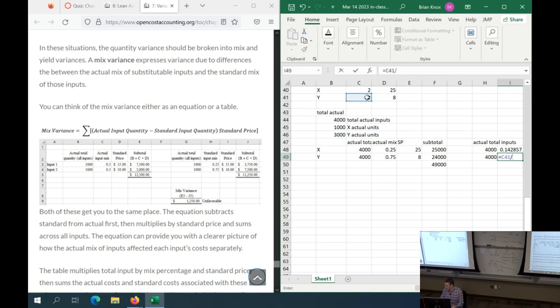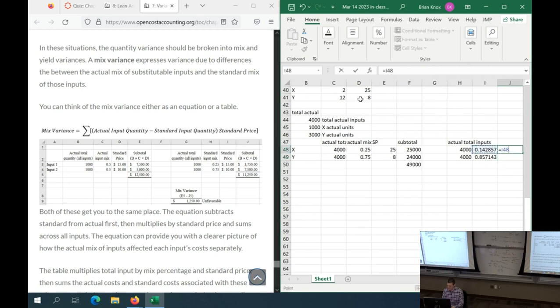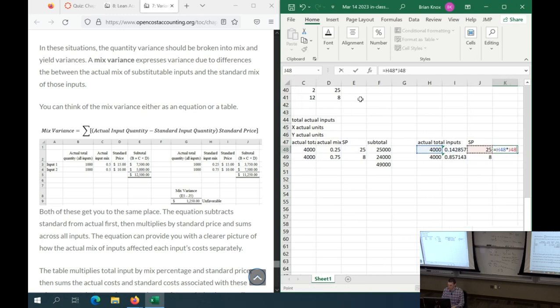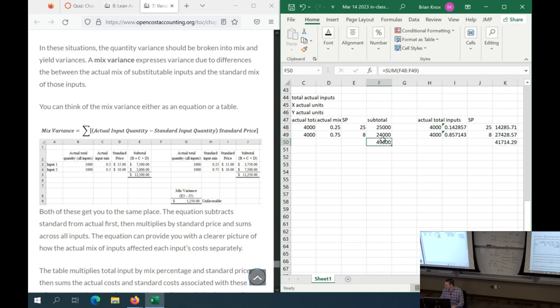With Y, we should have used 12 over 14, which gives us 85.7%. We're going to use the same standard prices and multiply across here. Given the actual mix, we incurred $49,000 for these direct materials. At our standard mix, we should have incurred $41,007. So we can just subtract these, and we get our unfavorable variance right there.